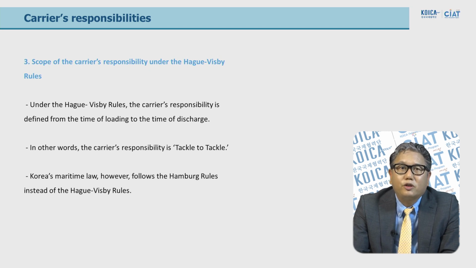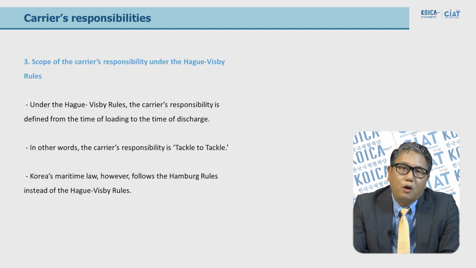So the expression indicates that the carrier's responsibility begins when the cargo passes the rigging as it is loaded, and finishes when the goods pass the rigging during discharging. This means that once the rigging is passed, the carrier's responsibility is finished.